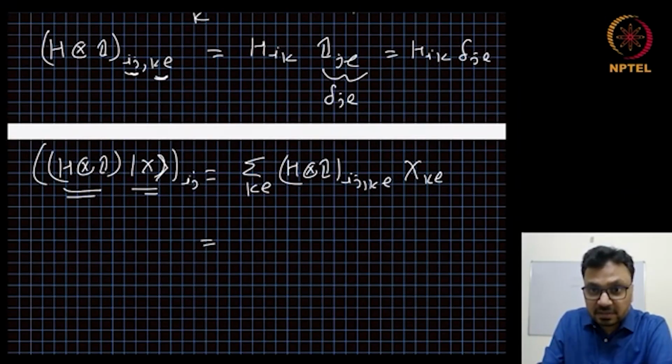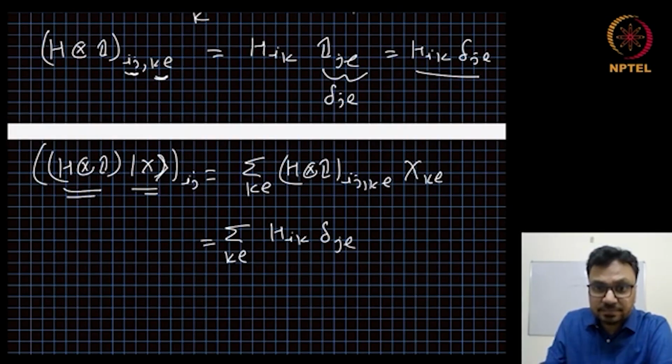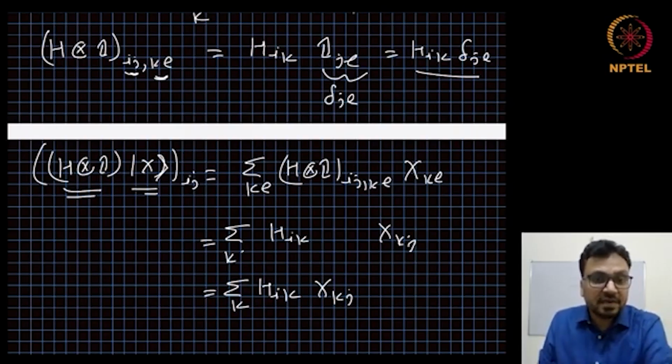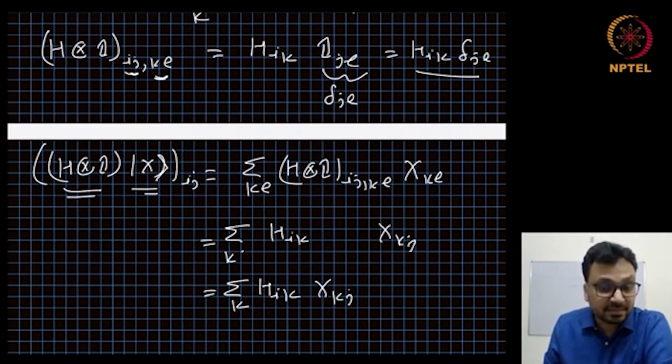If we substitute the expression for H tensor identity ij,kl, we get the sum over kl of hik delta jl xkl. Now if we take the sum over l, we can replace all the l with j, and we are left with the sum over k of hik xkj. So H tensor identity acting on a vector x, and the ijth element of that, is as if we have taken H times the matrix X.